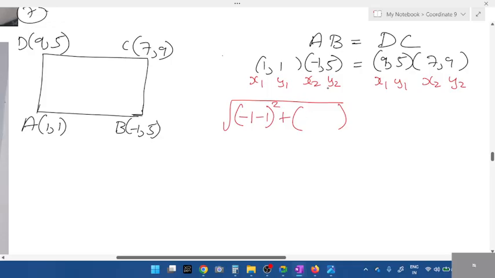It's 5. 5 minus 1, the whole square. Next, this side, what is x2?